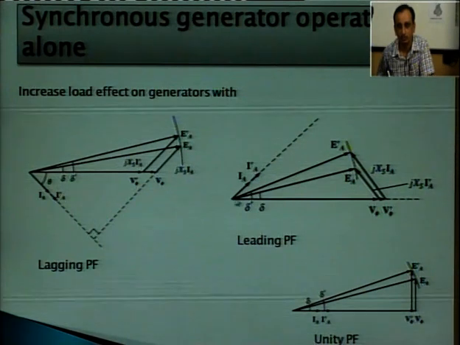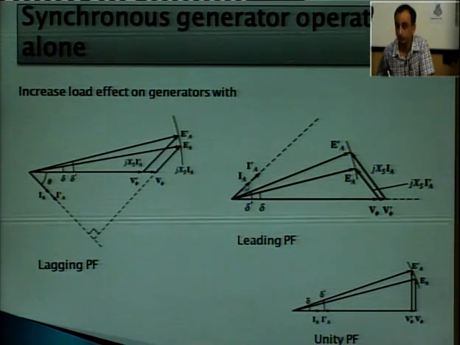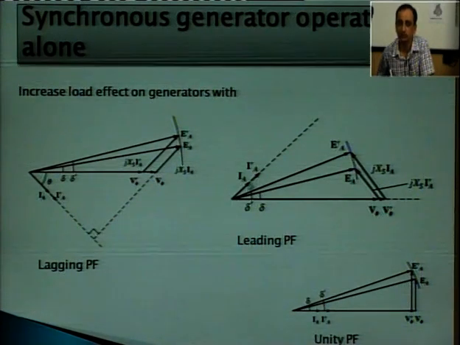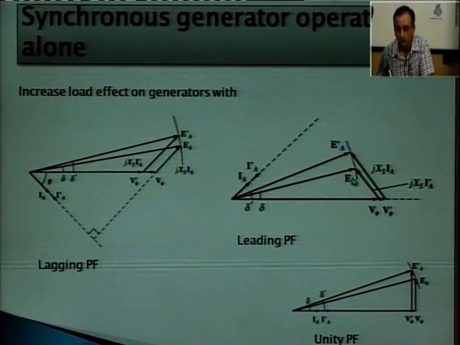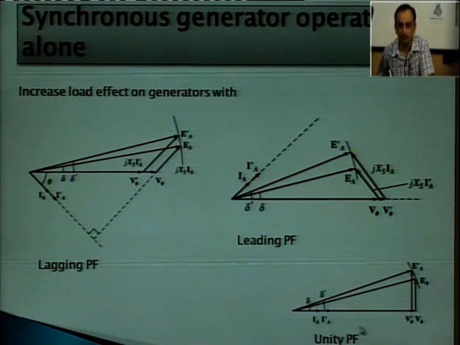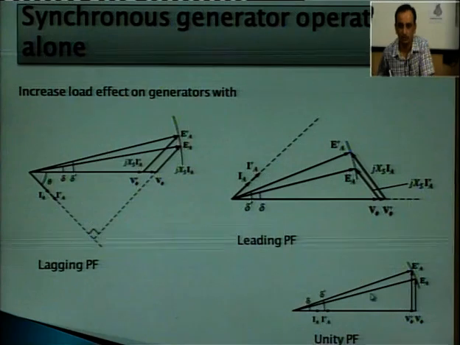Similarly, for leading power factor, current IA is increased since power factor is kept constant. So, IA and IA dash are on the same line. The drop will also change proportionally because the amount of IA has changed. So, jXs IA will also change with jXs IA dash, and this is for unity power factor. Here IA is in phase with the voltage. So, we can see that this is the amount of voltage that we are getting.